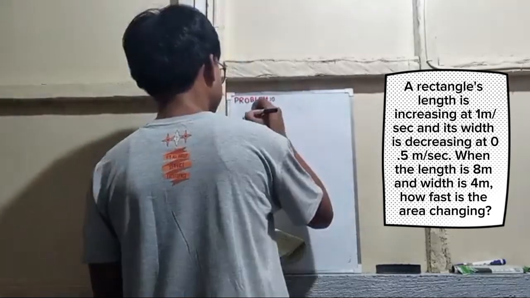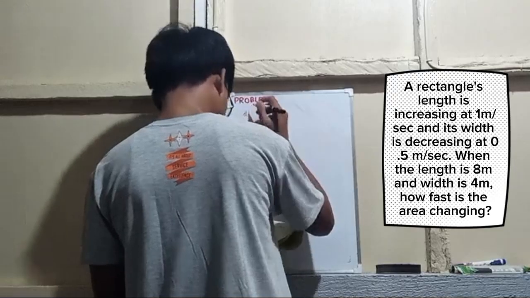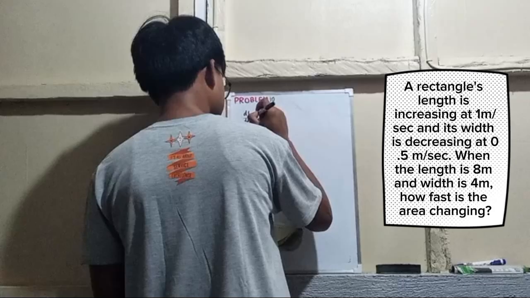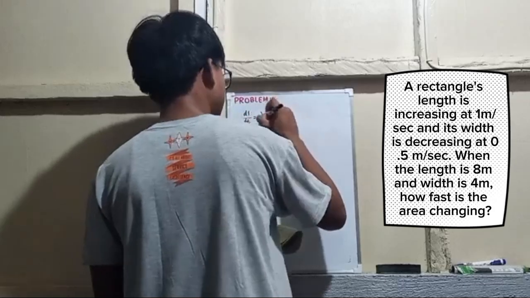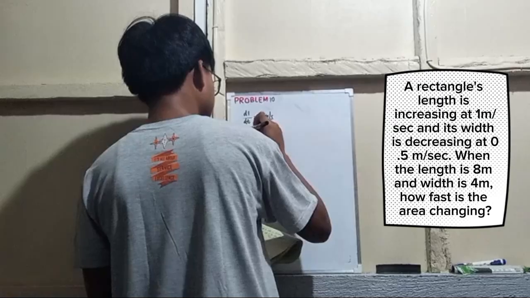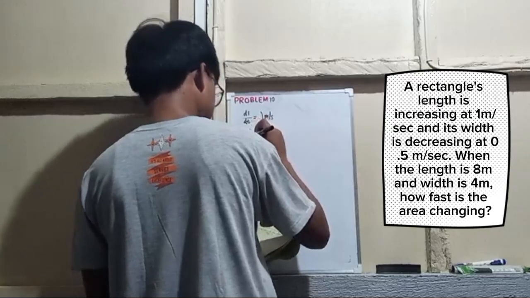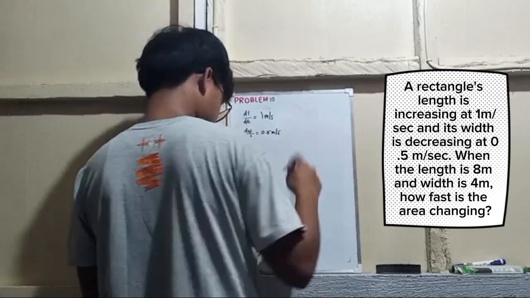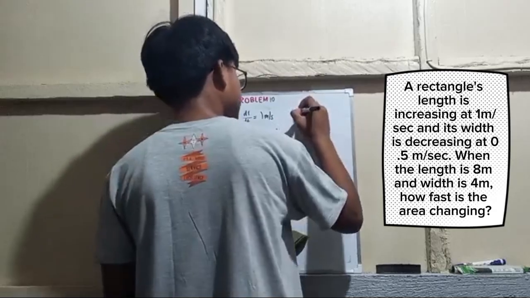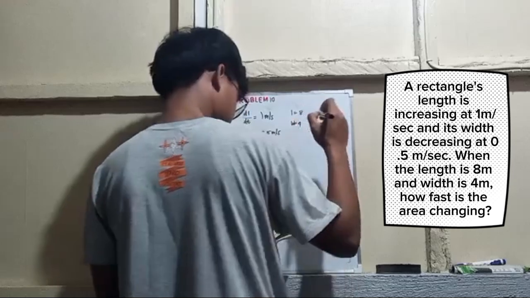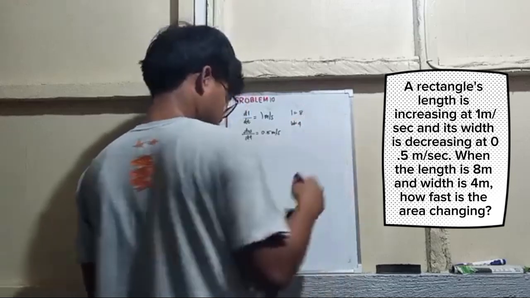So, we have the rate of dL over dt as 1 meter per second, then dW over dt as 0.5 meter per second, and our length is 8 and our width is 4.